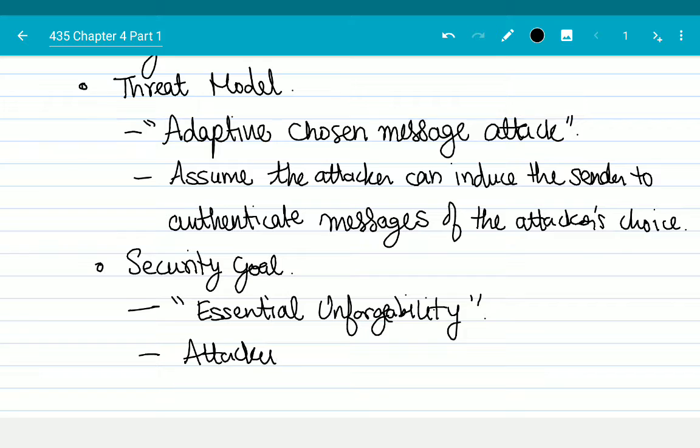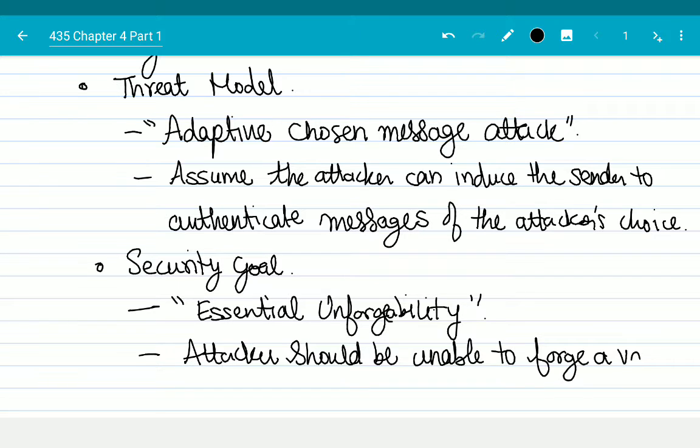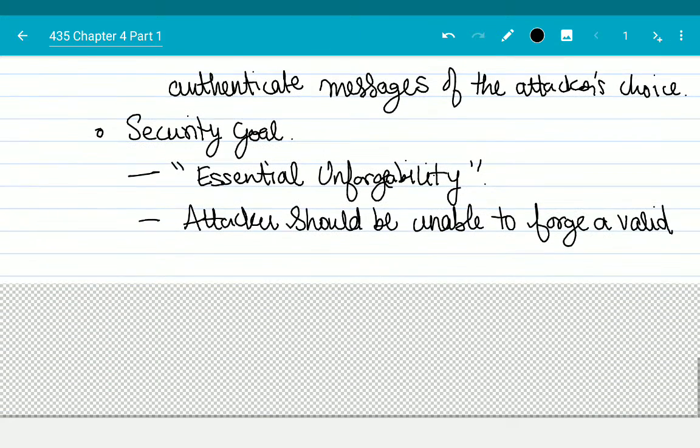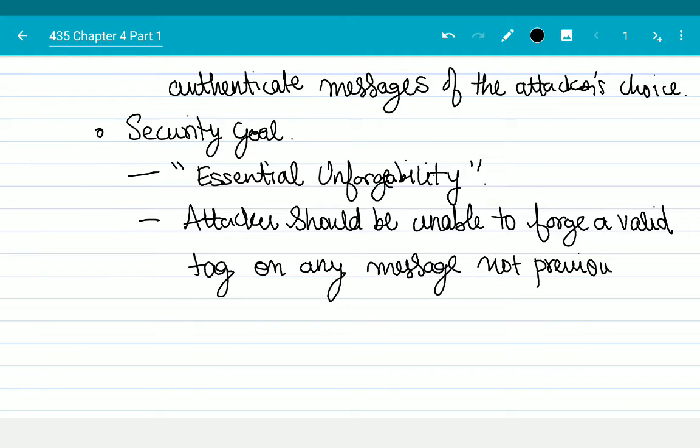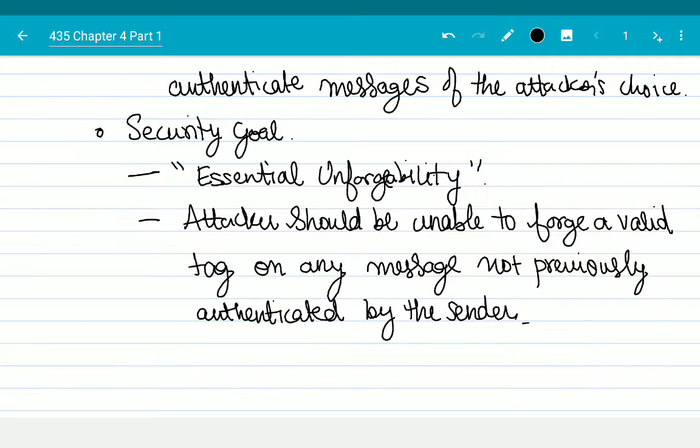So the attacker should be unable to forge a valid tag on any message not previously authenticated by the sender.